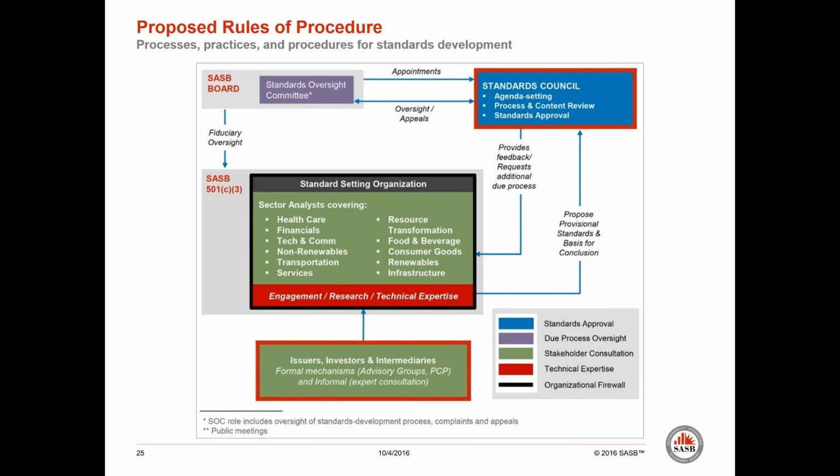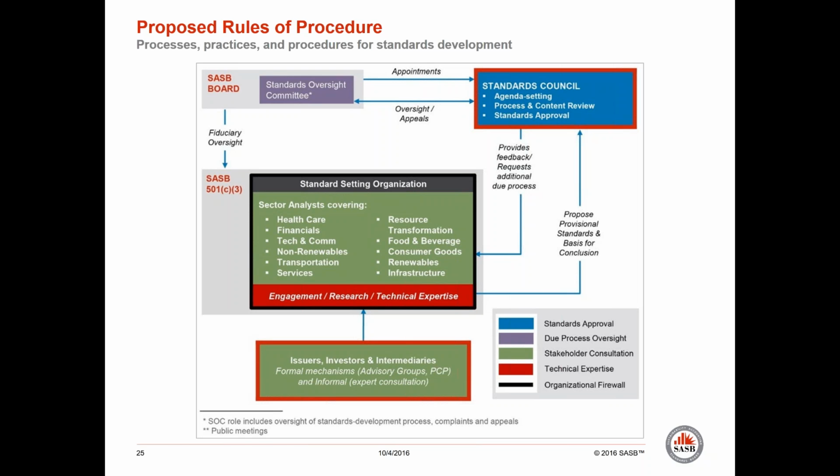This process, this chart here on our rules of procedure, is lots of arrows and boxes, but we are putting in place essentially an independent standards council that will have independent oversight of the standards setting process. That standards council will also have a standards oversight committee of the SASB board overseeing its activities.